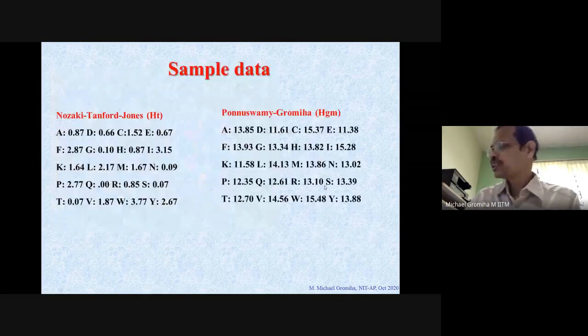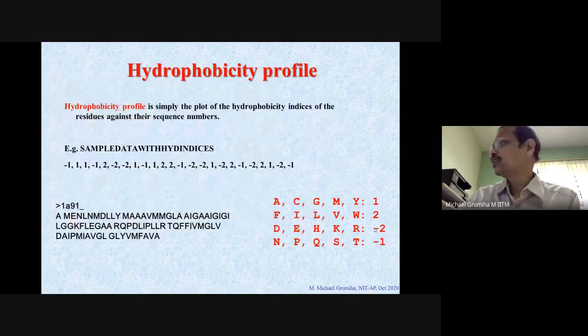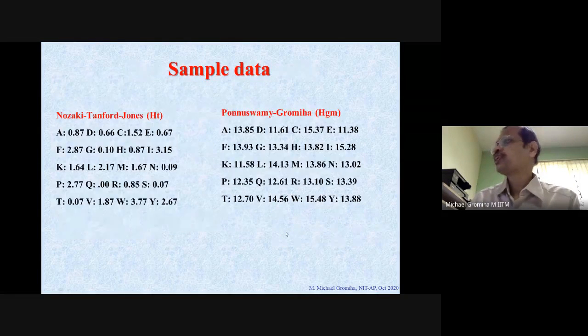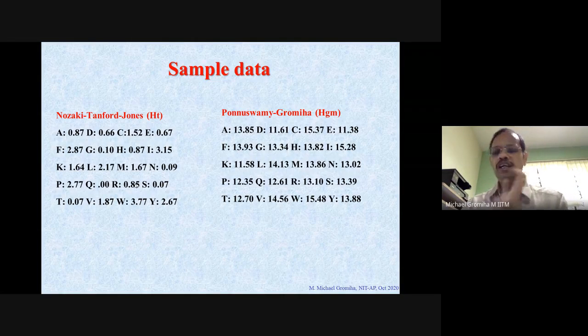Then go with this one. Go with the -2. For example, you take the RRE. So you can see here K, R, E or RRE. What is the value for R? RK, if you say K, lysine, what is the value of lysine here?